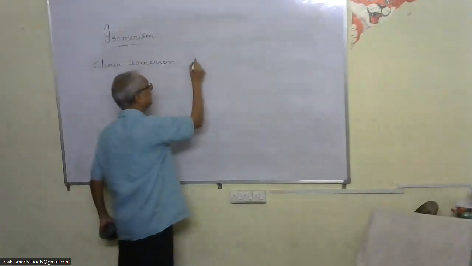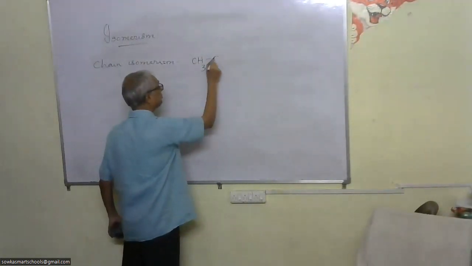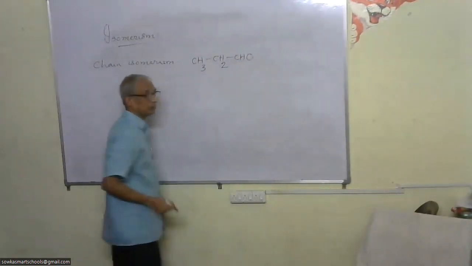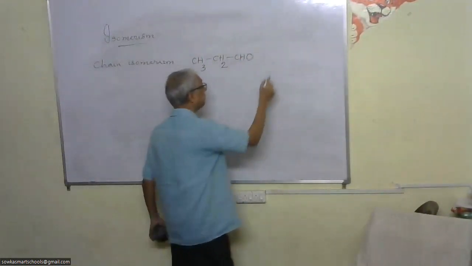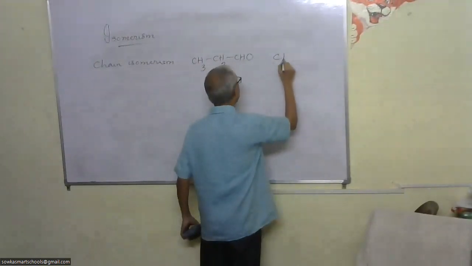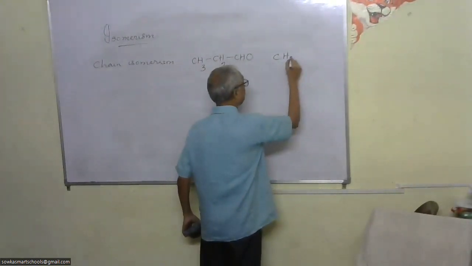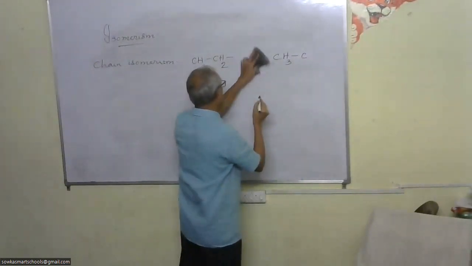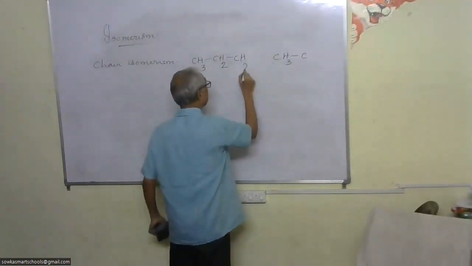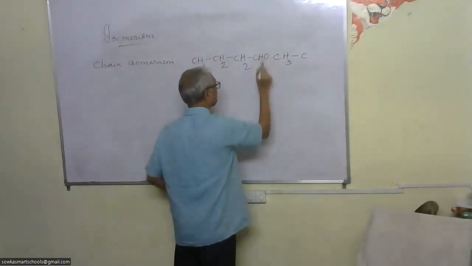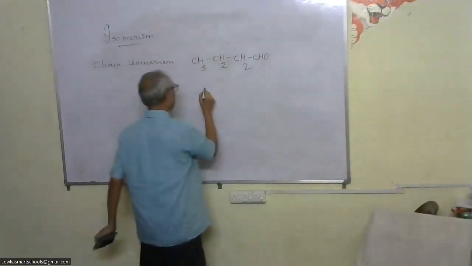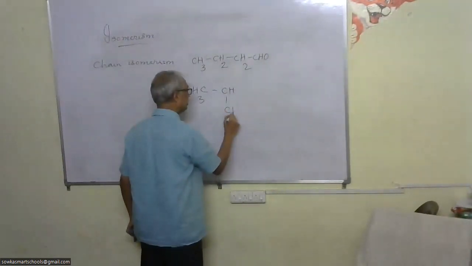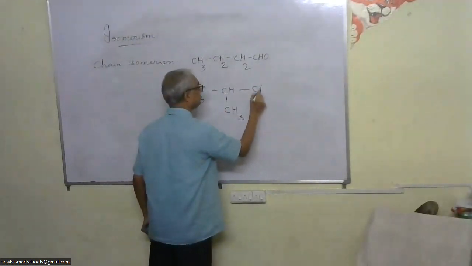You take any aldehyde, CH3, CH2, CH2, CHO, and ketone, CH3, CH2, CO, CH3.